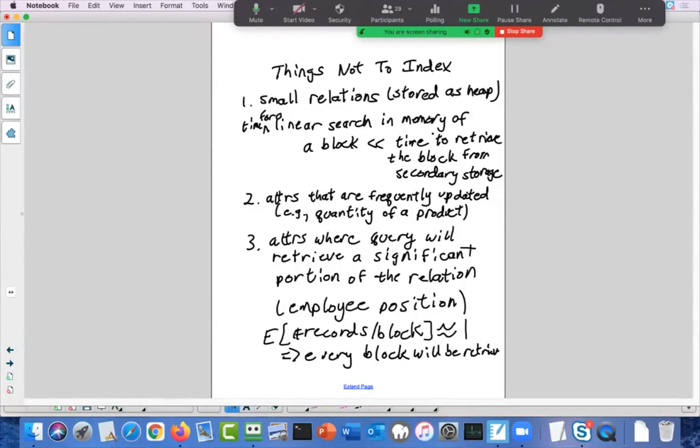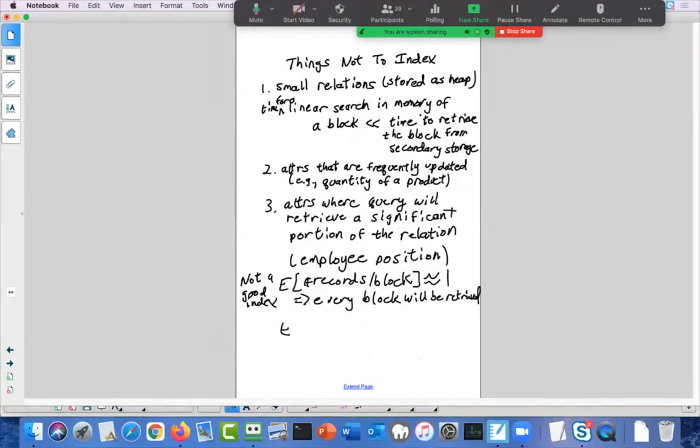Okay, if you expect roughly 1 record per block to be returned by the query, it means that roughly speaking, every block will be retrieved, and so that's not a good candidate. So what you want is that the expected number of records per block should be much, much less than 1. That is a good attribute for indexing.